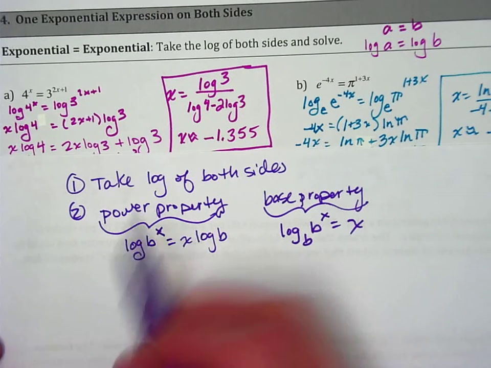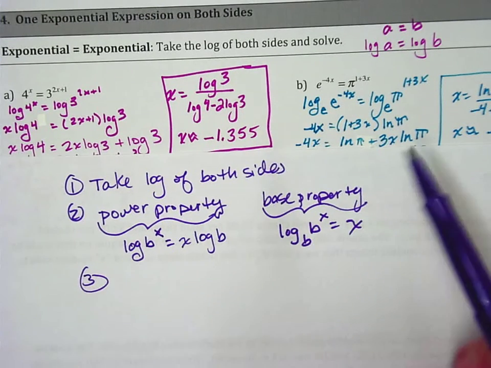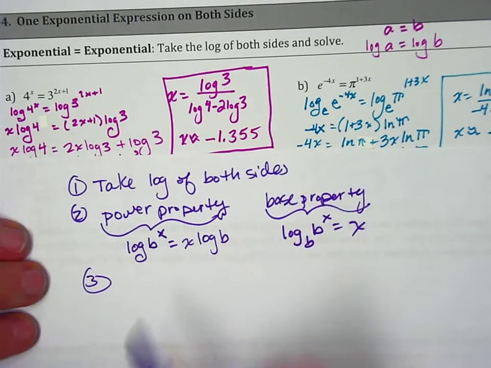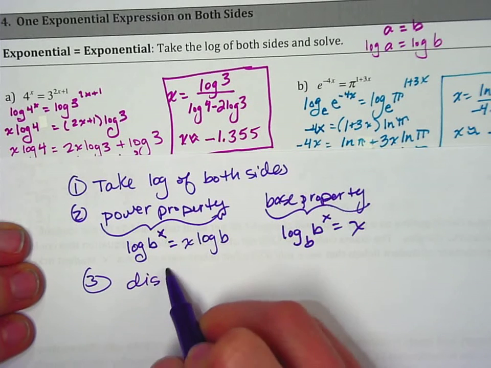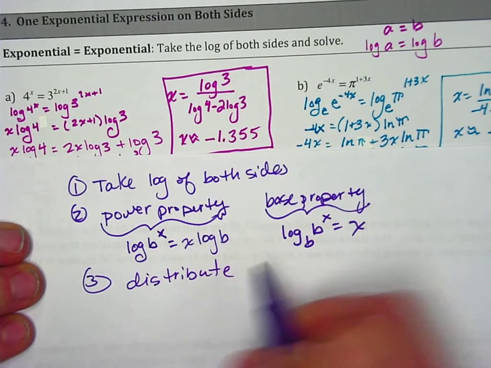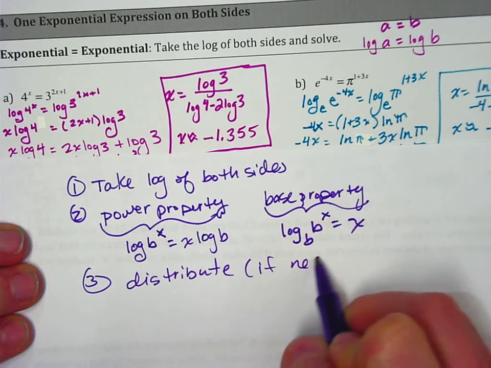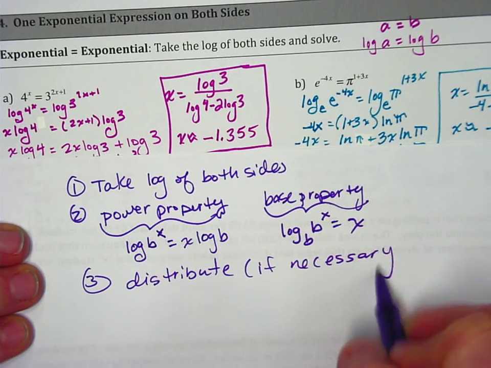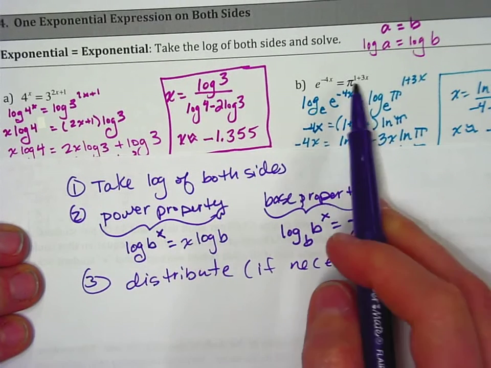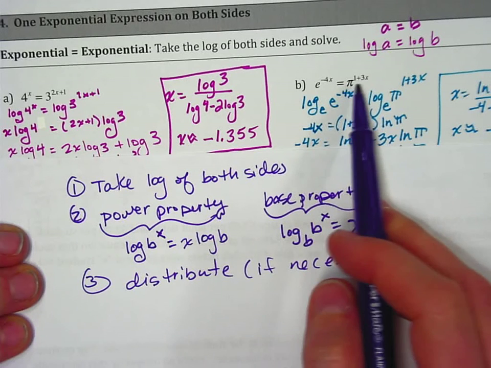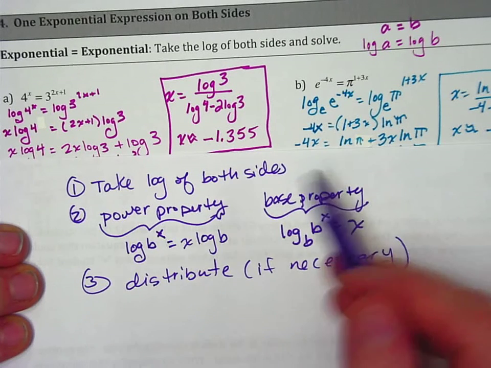The third step, after we use the power property or the base property, is you're going to distribute, but that's if necessary. So you may not always have to do that. The only time you have to do that is if you have a binomial exponent, and if you're using the power rule for that.